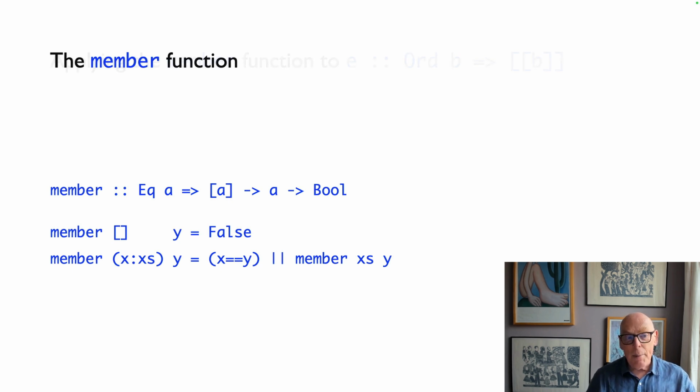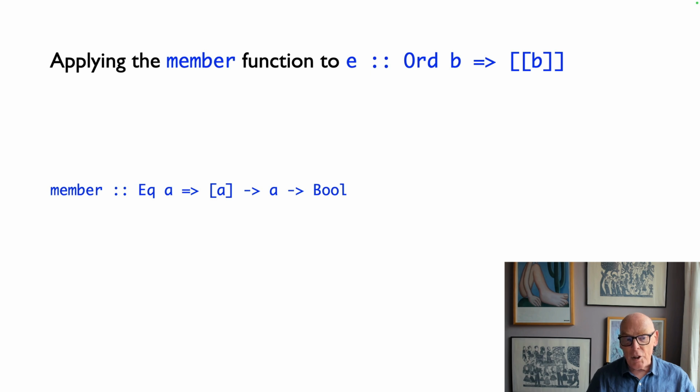Now let's look at what happens when we apply that function to an expression E, which is a list of B, but where we're assuming the things in B are ordered. So Ord B sits there before the fat arrow saying B belongs to the Ord type class. And so how do we type check this?